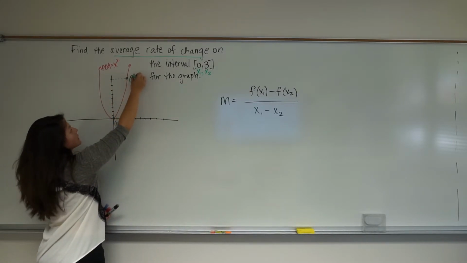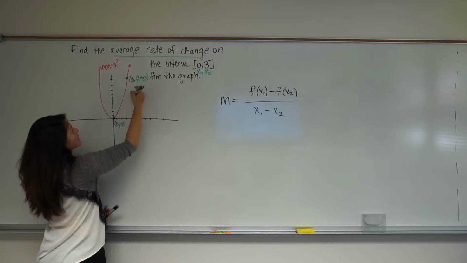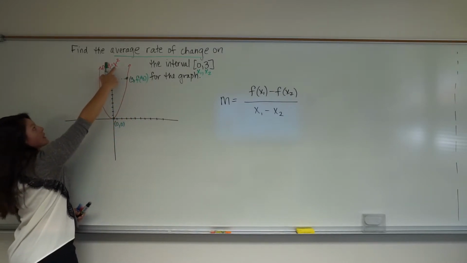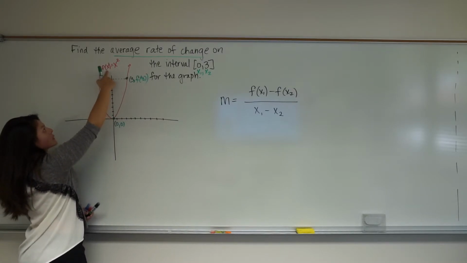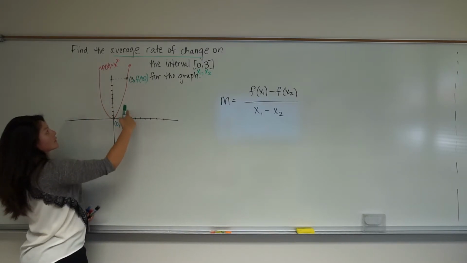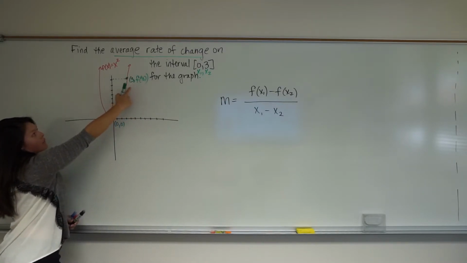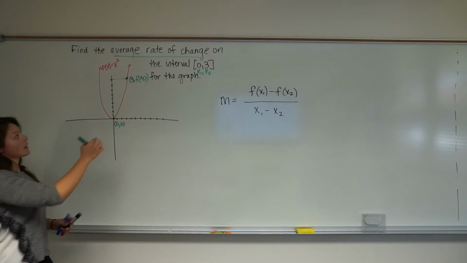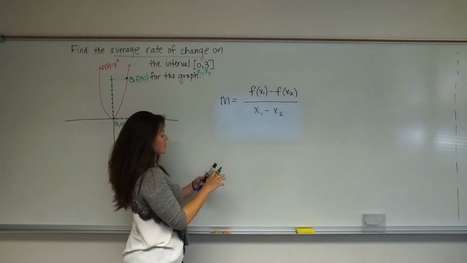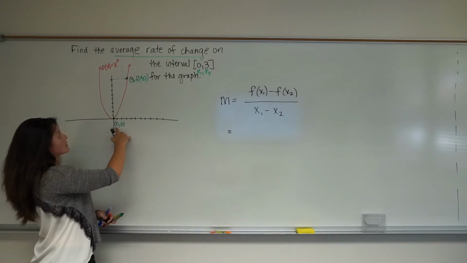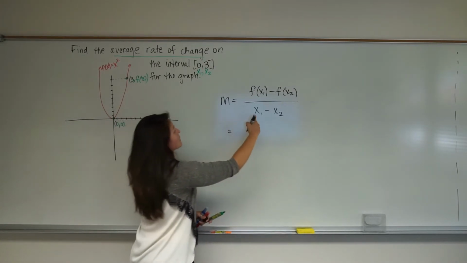That's going to be f of 3. Right? Because this red curve here is given to us by this function f of x. So if I input 3 for x, it should give me the output value of that point for input 3. Okay, so notice here, if I fill in this formula, x1 is 0, x2 is 3.